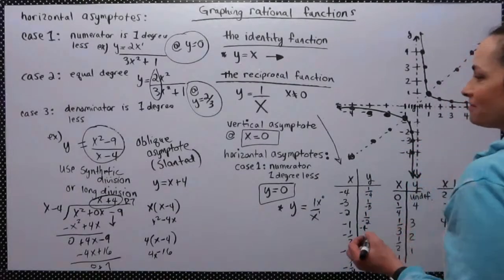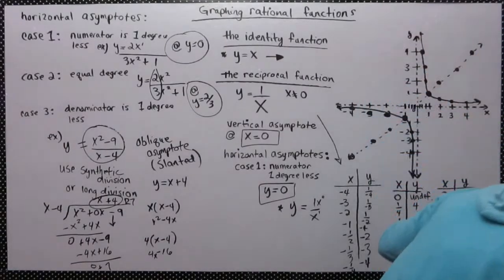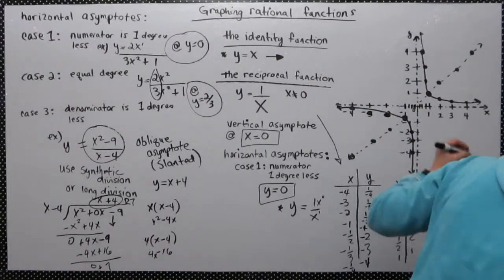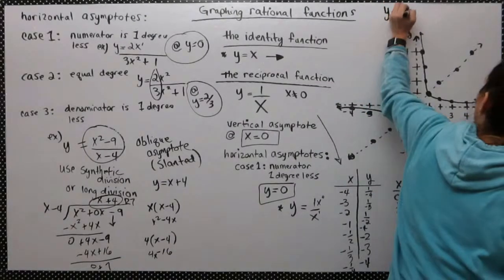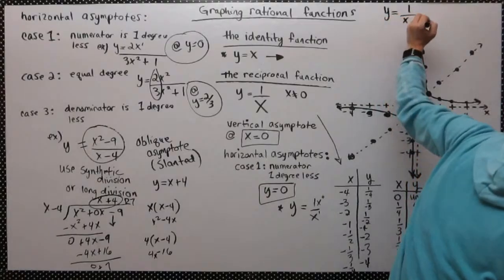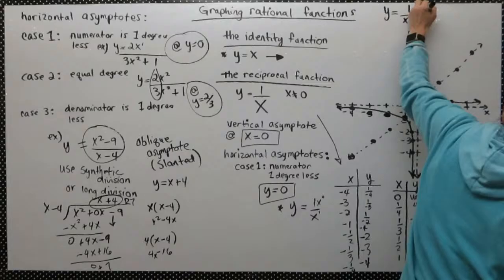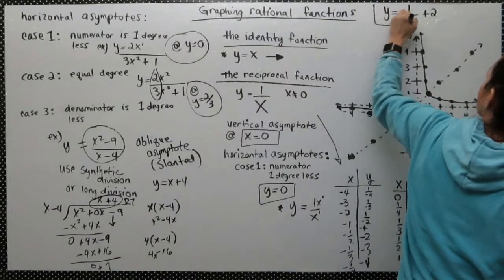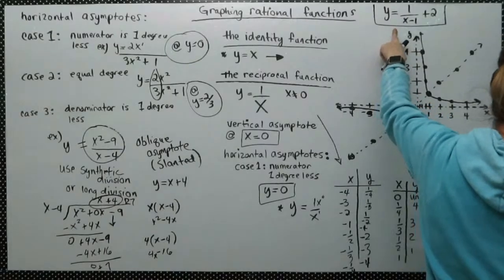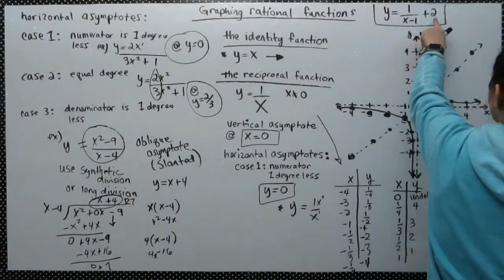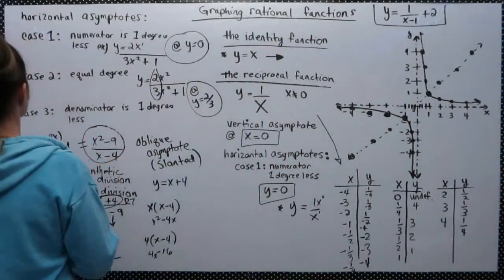Wait a second, I have this, so I'm going to write it in here in case my chat goes away. Graphing rationals. Let me write this in here: y equals 1 over x minus 1, plus 2. Well, if we graph this one, I'm going to have to explain the transformations in the graph.